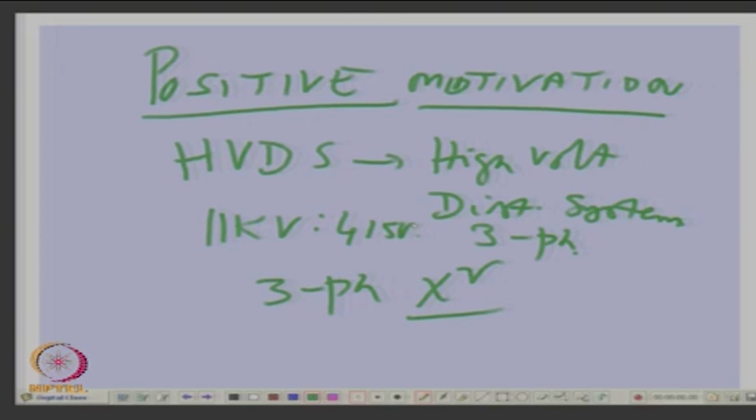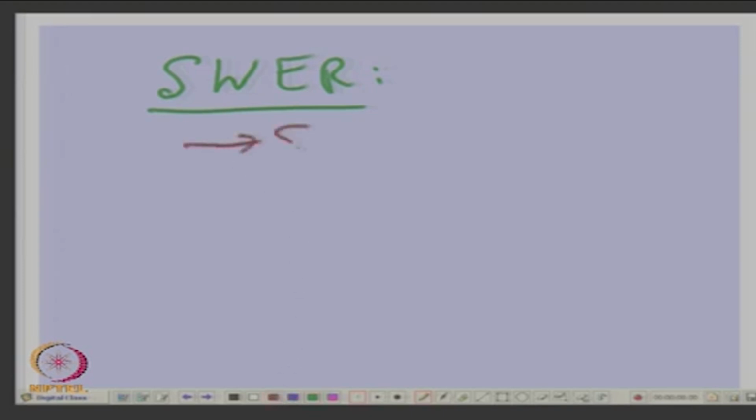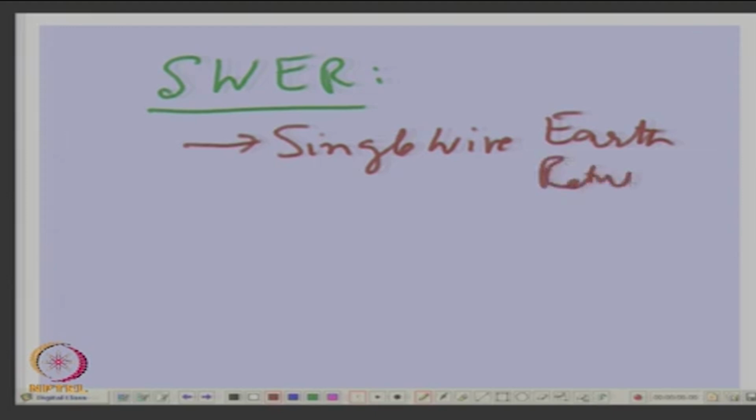Now, the people are now saying, it has been in the air, I think people are seriously thinking about it, what is known as high voltage distribution system or SWER. It is called single wire earth return. So, you are returning through mother earth, your current.